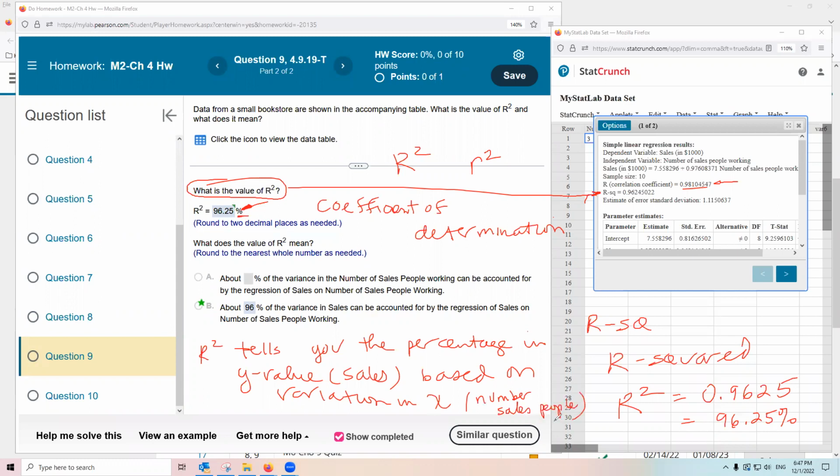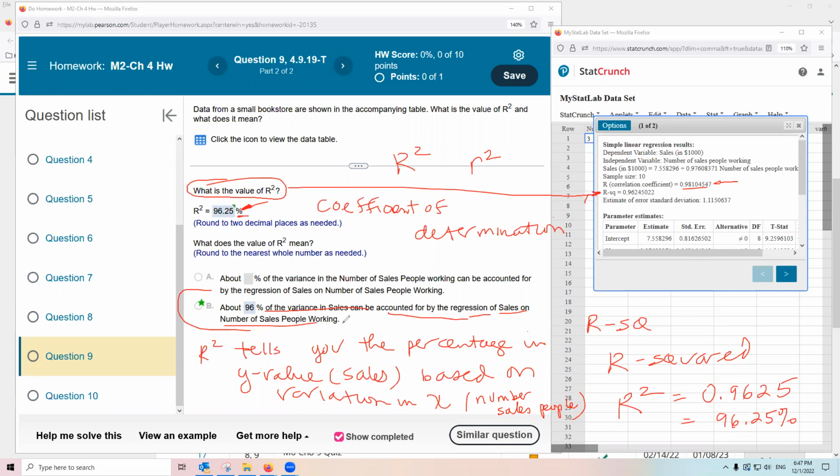Really, this is telling you what percentage of the variation is accounted for by this linear equation, this linear model. You want R squared to be a number close to 100%. Closer to 100%, the better your model. So our answer is going to be answer B here. 96% of the variance in sales is accounted for by the regression model for sales on number of salespeople working.